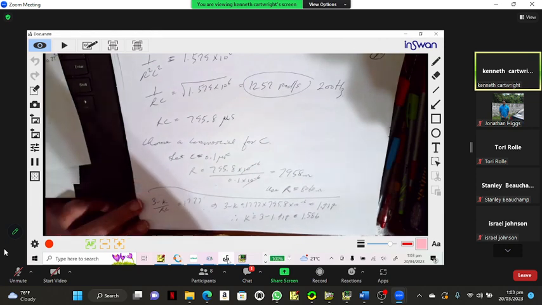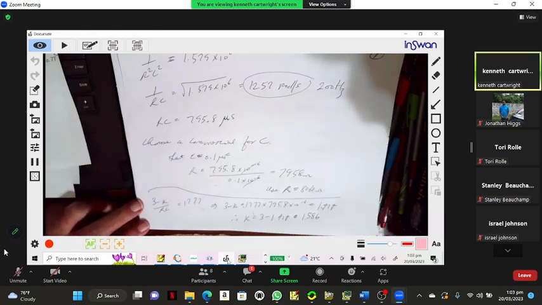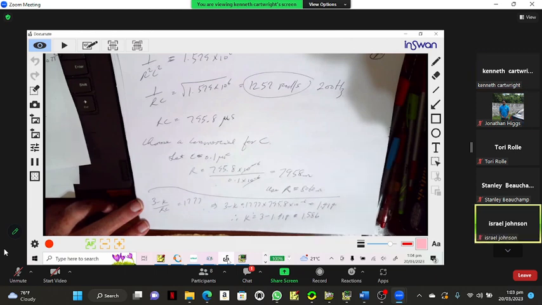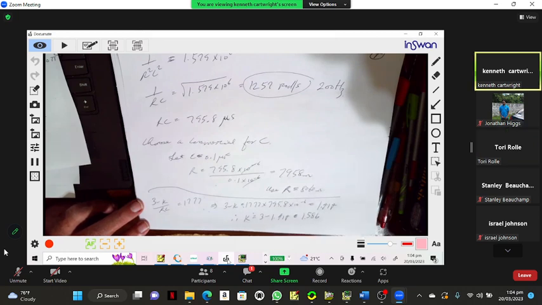We just calculated C value. What are you talking about? We substitute the K value in that and just solve for it. Substitute what K value?